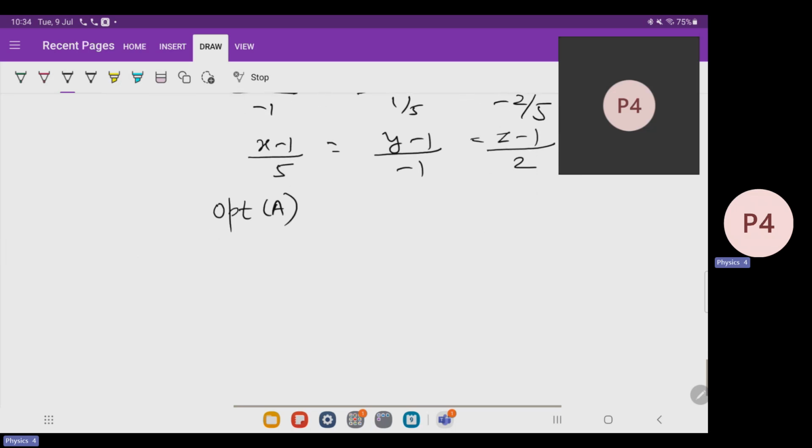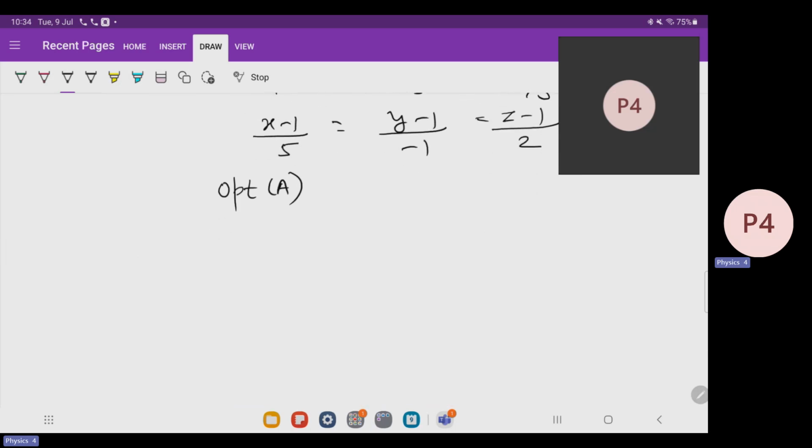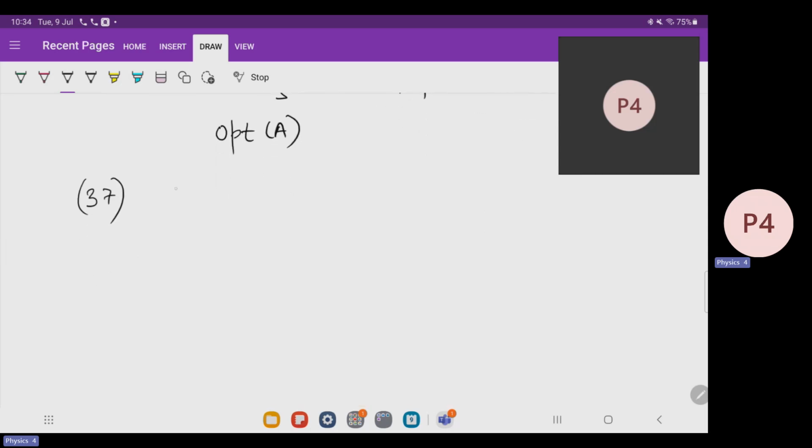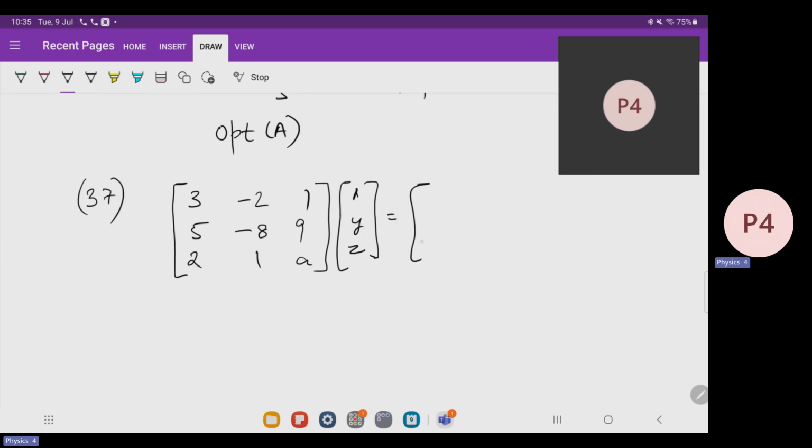Okay. Coming to question 37. Determine the value of the product AB for which the system with coefficient matrix [3, -2, 1; 5, -8, 9; 2, 1, A] times [x, y, z] equal to [B, 3, -1] has infinitely many solutions.